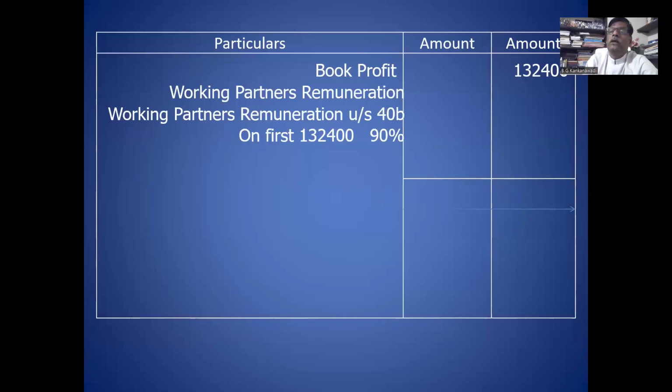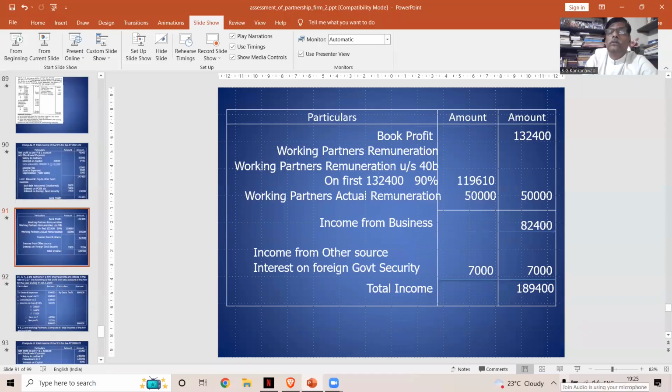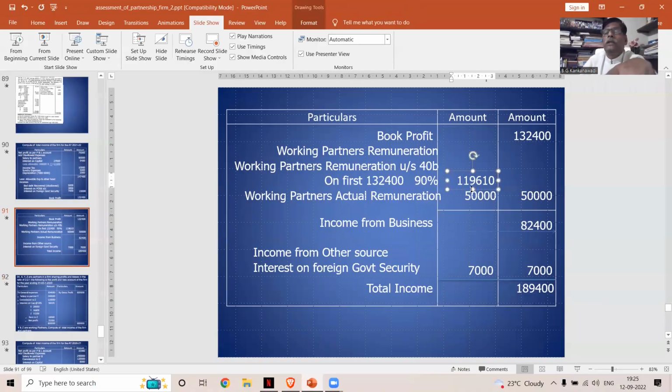If you take that, 90% is 1,19,610, but it is less than 1,50,000. So you take 1,50,000.